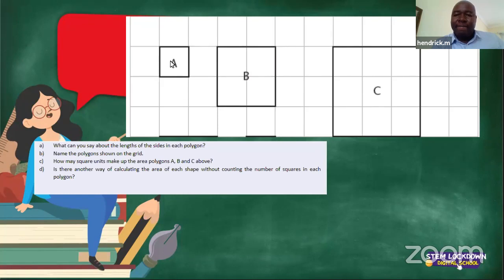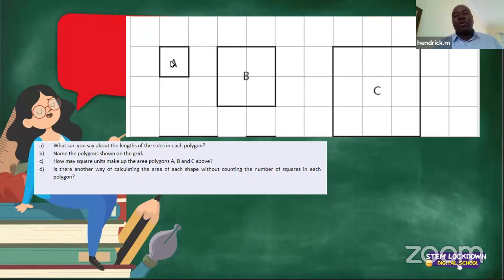Please go ahead. What makes up the area of polygons A, B, and C in terms of square units? Meaning, calculate the area, right?